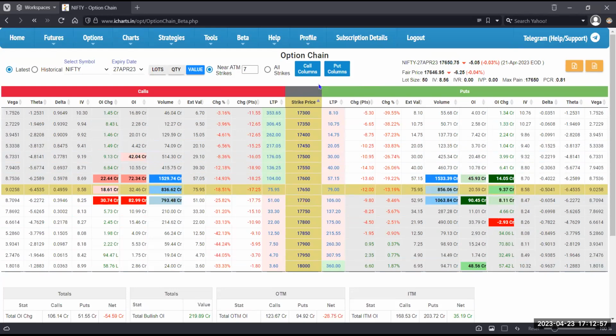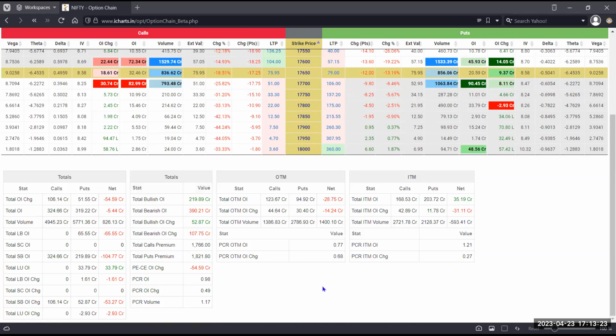Okay, here now what we have done is, all this data over here, we have added these lots, quantity and value. These buttons are basically used to change the value of OI change, volume on both the sides, and wherever OI change, volume, etc., everything is there.